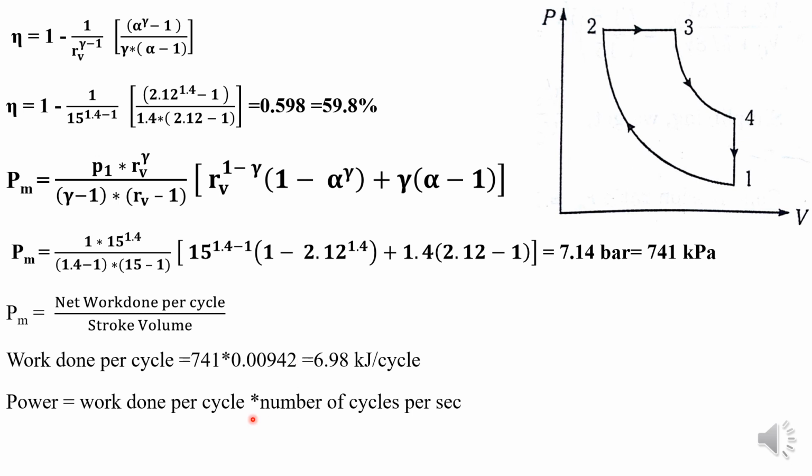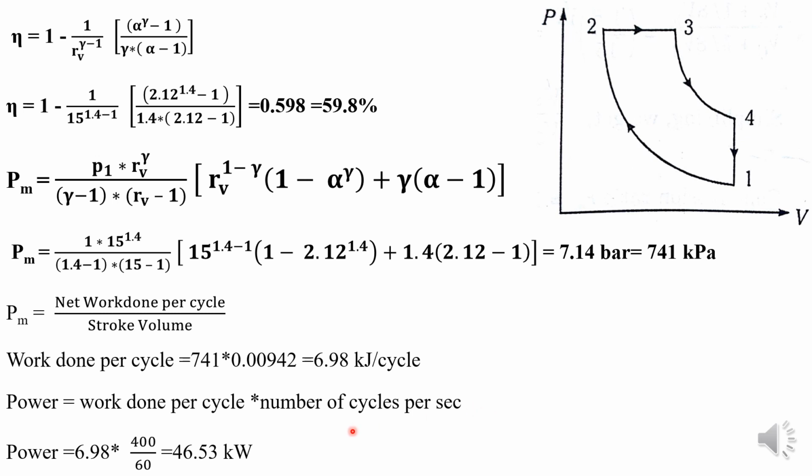So 6.98 multiplied by 400 divided by 60, this is the conversion from minute to second. You will get the power developed by the engine, that is 46.53. Just remember: power is work done times number of cycles, if the working strokes are given.